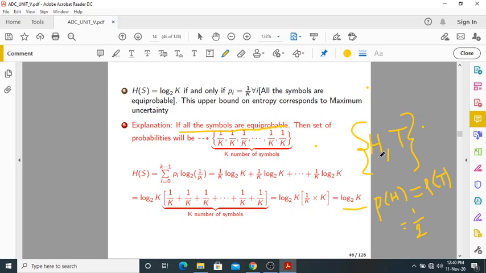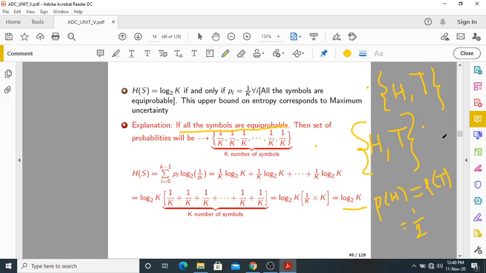Let me take the reverse situation, where the occurrence of head is 1. Obviously the occurrence of tail is 0. What do you mean by that? The outcome is well known to us. If I toss a coin, everybody knows that it's going to be head.